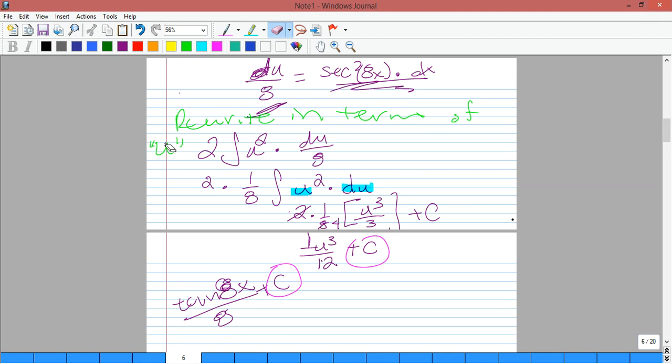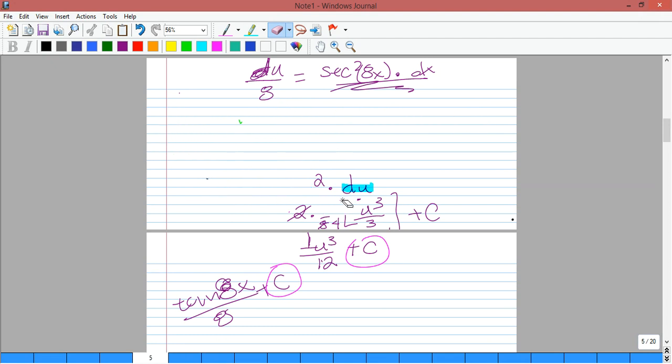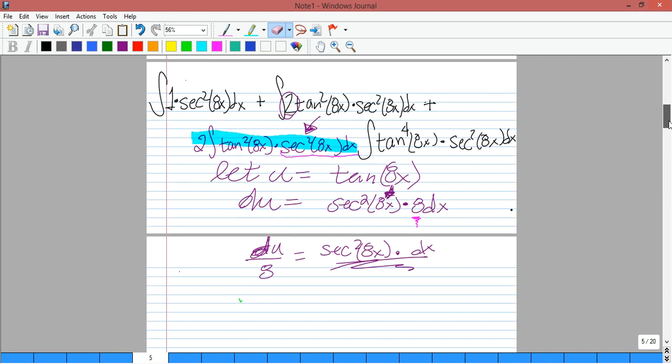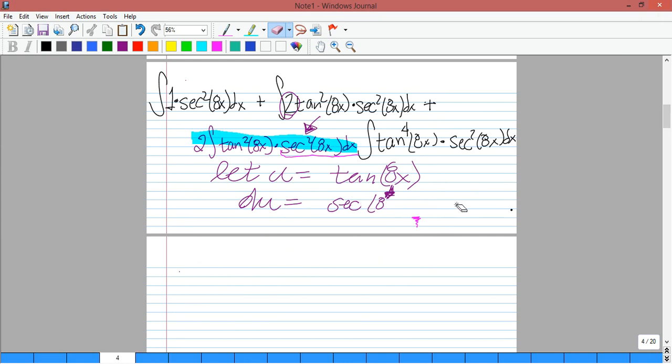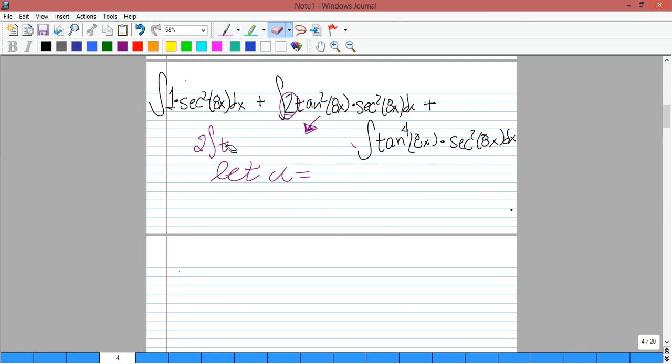So we've solved 2 integrals. What we're going to do is go ahead and solve the last one, and then we're going to be quite done with this problem. Okay.